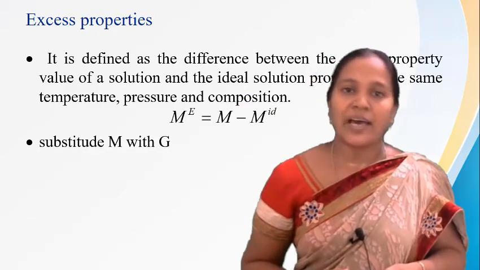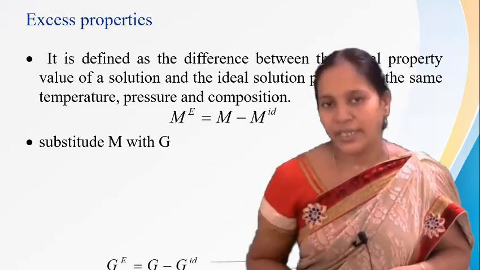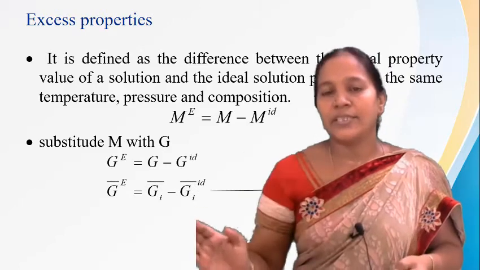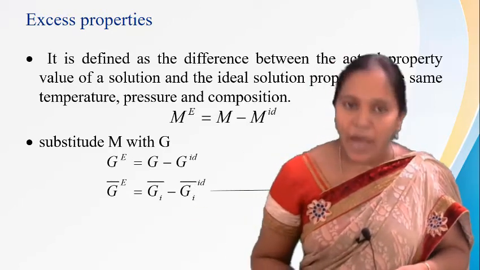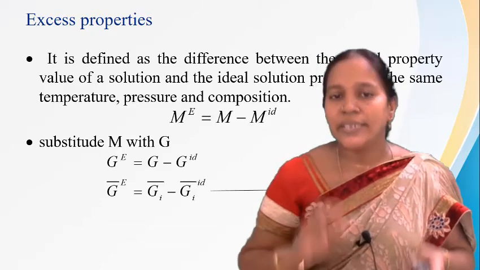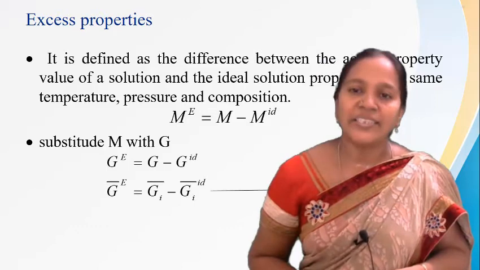Here M is the general property. Then substitute M with G. Therefore, GE is equal to G minus G ID. G bar i E is equal to G bar i minus G bar i ID. This is the partial excess Gibbs energy.